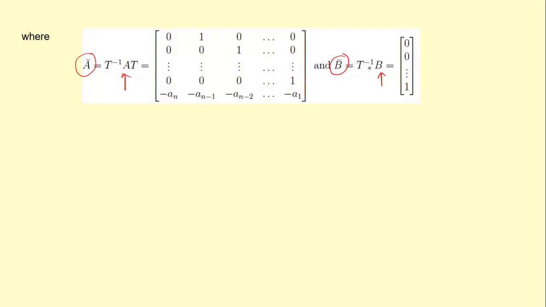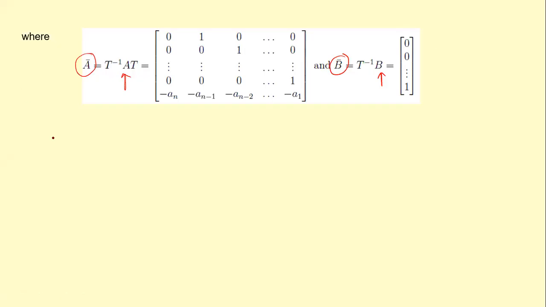Now let us find out. Because we have a new state model, which is x bar(k+1) equal to A bar x bar(k) plus B bar u(k), we have a new state model here, right?